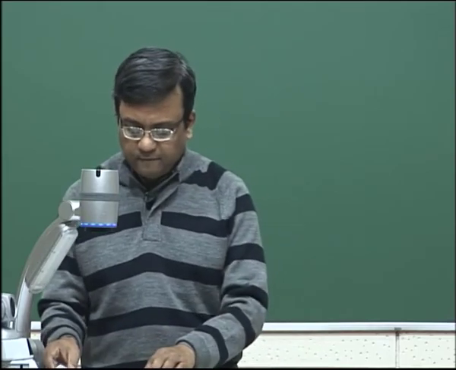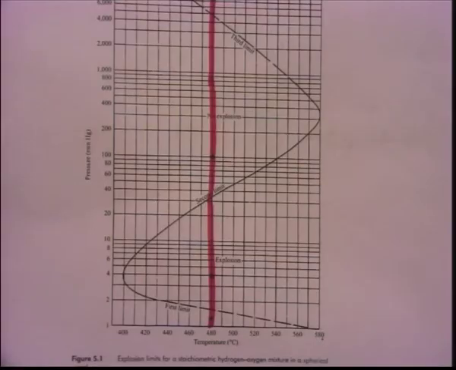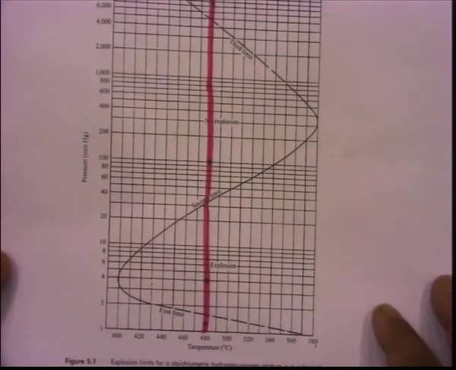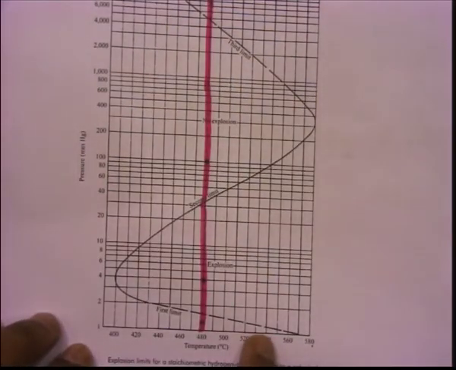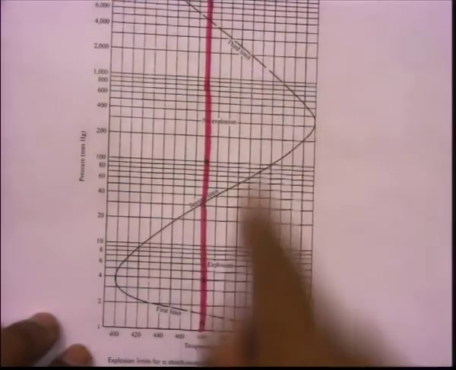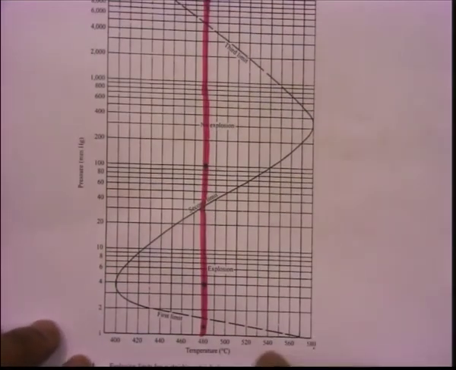Few more things. What about the shape of this one? It has this particular shape. That means if we chose another isotherm, it would have given a similar trend.